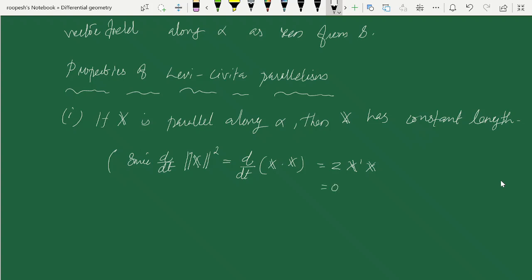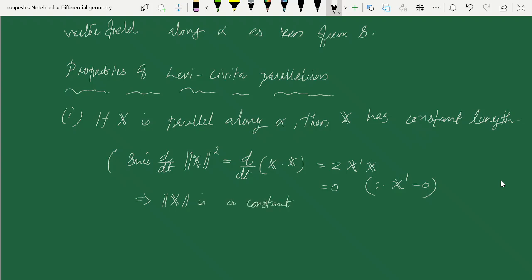What's the reason? Since it is Levi-Civita parallel, X dash should be equal to 0. Therefore this value is equal to 0, which implies the norm of X is a constant one.